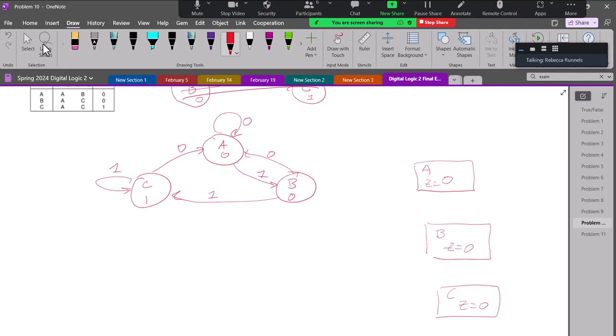And from each state, I will make a decision based on the value of my input W.